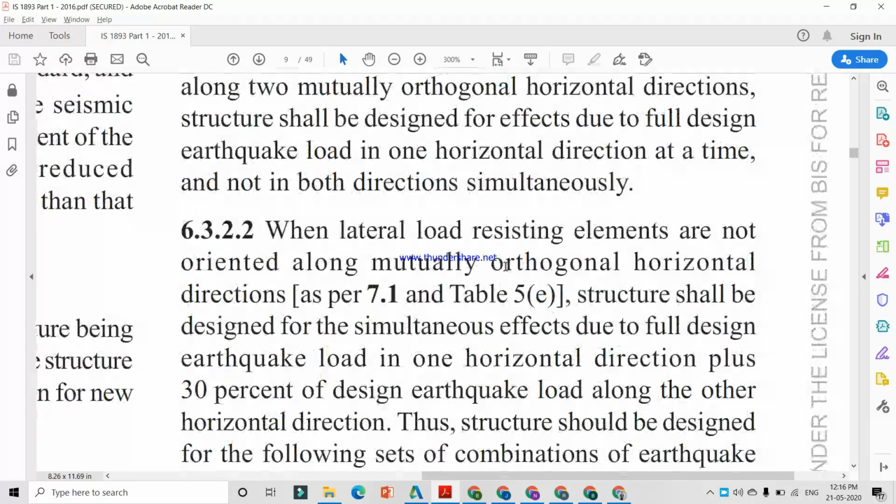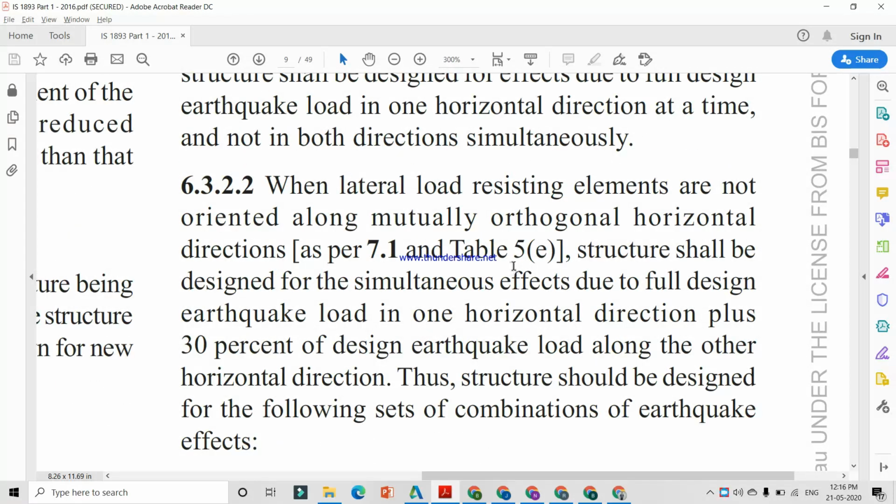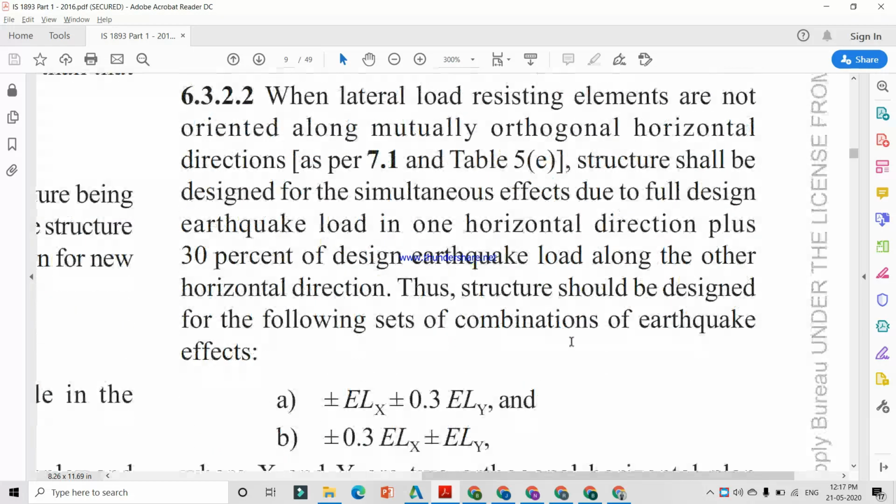In the second case, when lateral load resisting elements are not oriented along the horizontal directions, what you have to do is design for the simultaneous effect of full design earthquake load in one direction plus 30% of the load in the other direction.